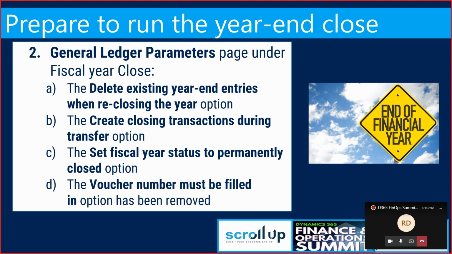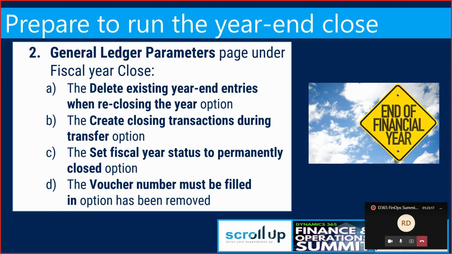If it is set to no, only the opening transaction is created in the new fiscal year, and the main account balance remains at the end of the fiscal year. This is important based on the policy of the country where the company is applying Dynamics. If, based on company policies, you would like to close all the profit and loss or income statement accounts at the end of the fiscal year, you can always use create closing transactions during transfer. It will show you the transactions for the closing.